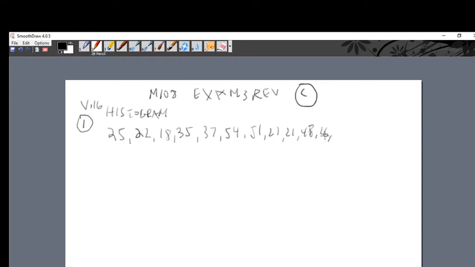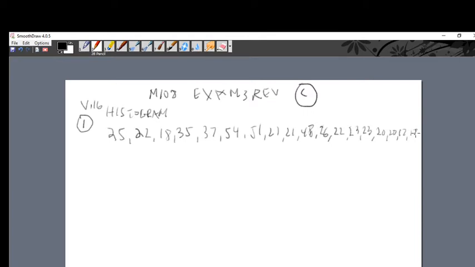Probably don't need all of this, but still putting it up anyway. 22, 22, 20, 22, what do I got? Two 23s in a row. Two 20s in a row. And then two 17s in a row.